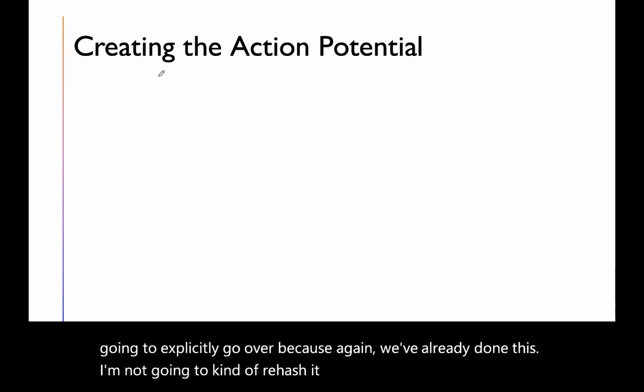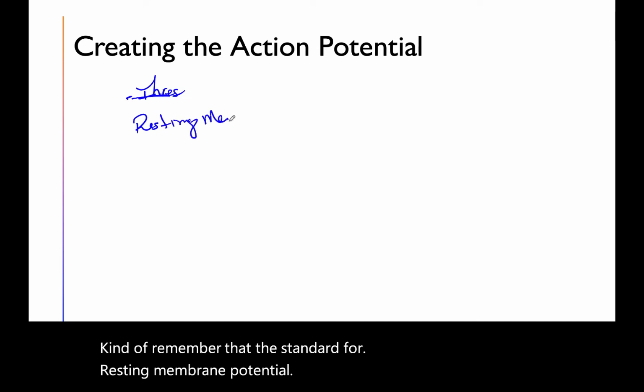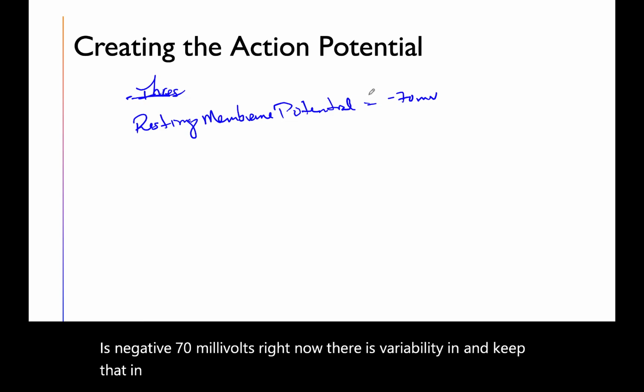But kind of remember that the standard for resting membrane potential is negative 70 millivolts. Now there is variability in that, keep that in mind, but negative 70 is the standard.